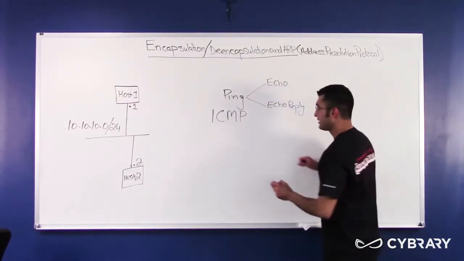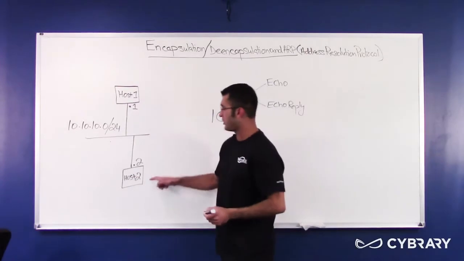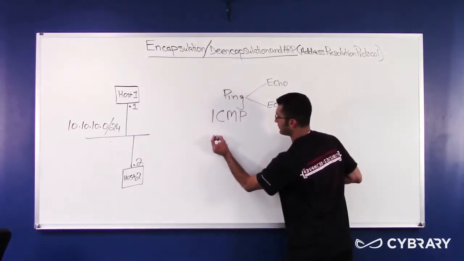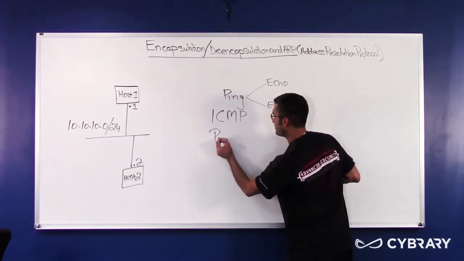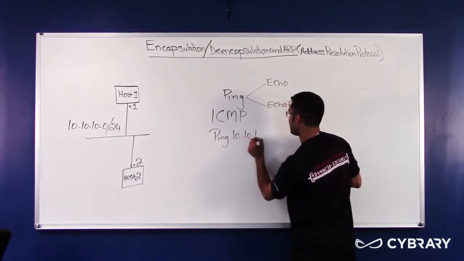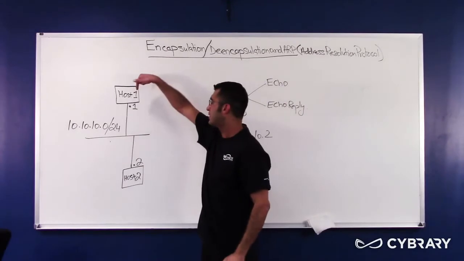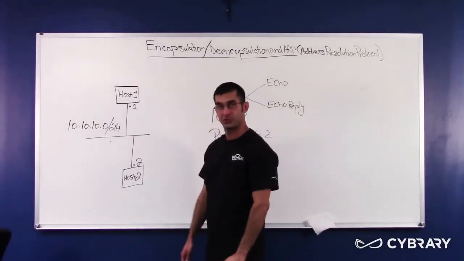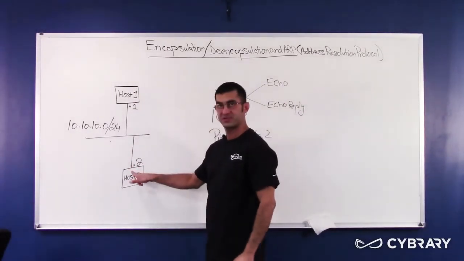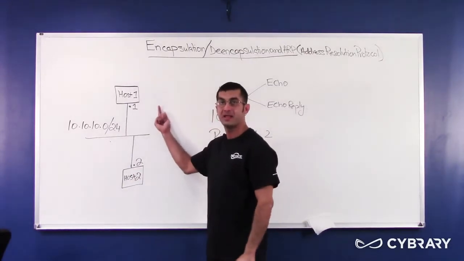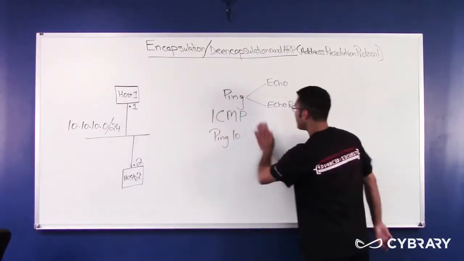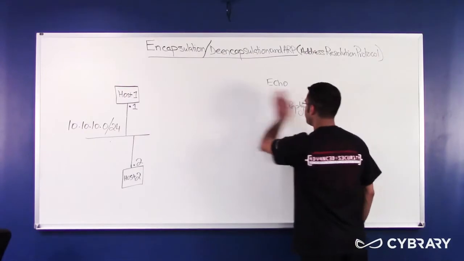So if host 1 wants to ping host 2, on host 1 from the command prompt, you would type ping 10.10.10.2. Host 1 would send out an ICMP echo message down to host 2, and host 2 will read that message and send back an echo reply, or ICMP echo reply. Having said that, let's get back to the diagram.